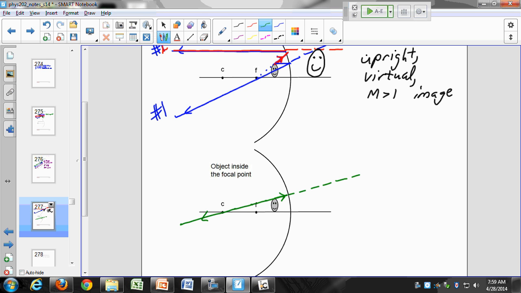So right there. And then finally I can draw that 4th ray, which is just down to the center of the mirror, following the law of reflection. And then I can trace it back like that. And so my image is right there.